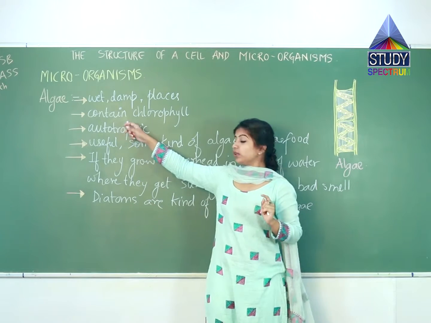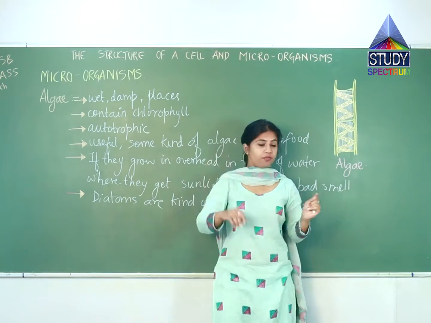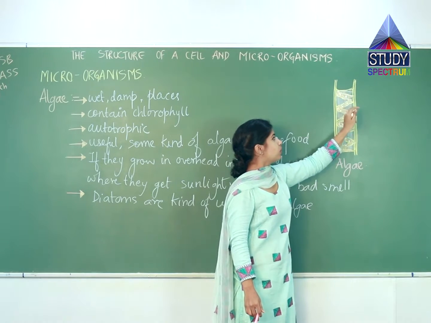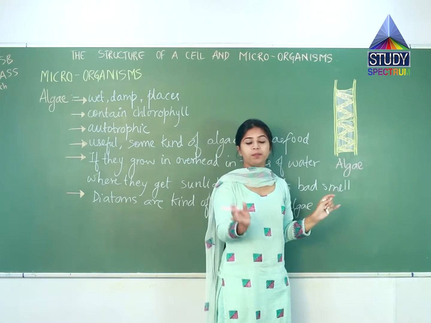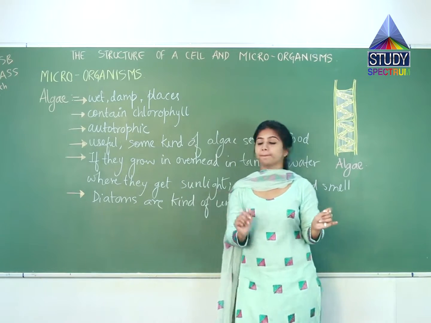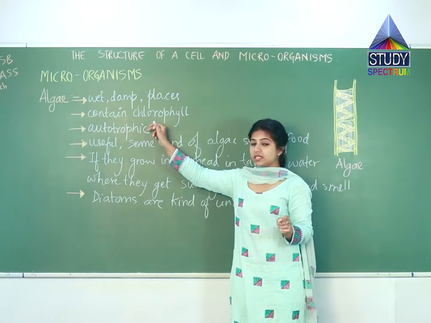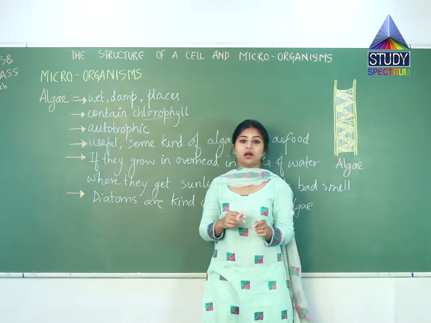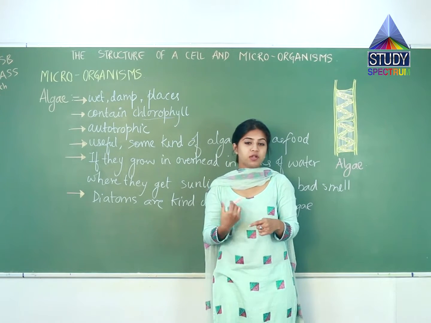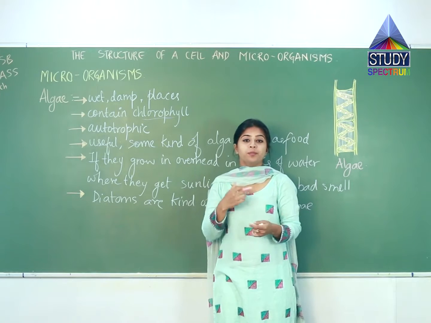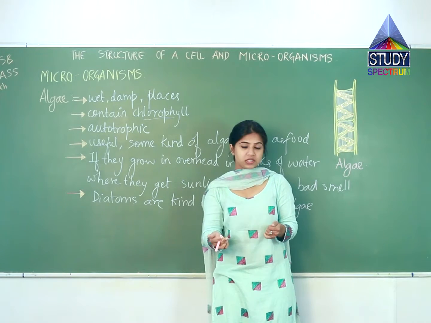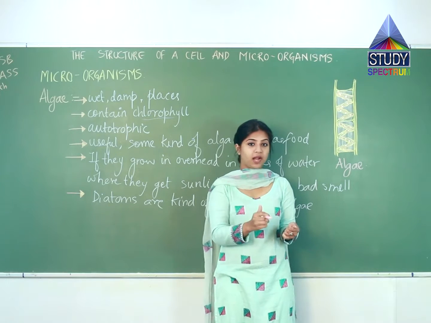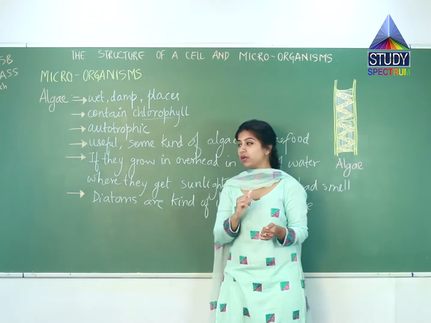So now the next point we learned was that it contains chlorophyll. In this whole structure, what you see are these white dots. These represent the pigments that have chlorophyll in them. Chlorophyll is a pigment responsible for performing photosynthesis, and by the process of photosynthesis, a plant can produce food for itself.